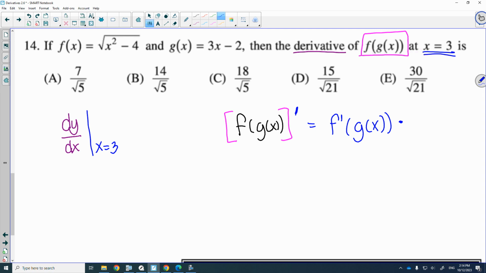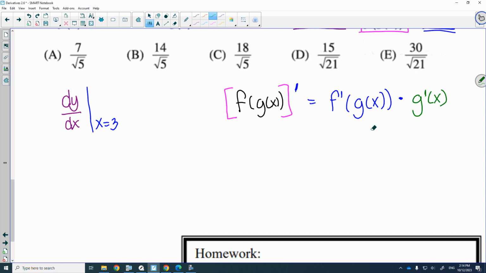The derivative of the inner function, g prime at x. Okay, they want x to be 3. So I'm just going to rewrite this thing now, and I'm going to put x is 3. So it would be f prime g of 3 times g prime at 3.